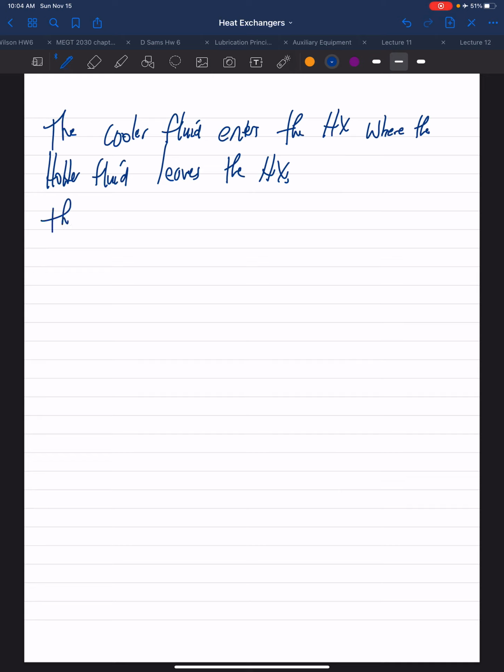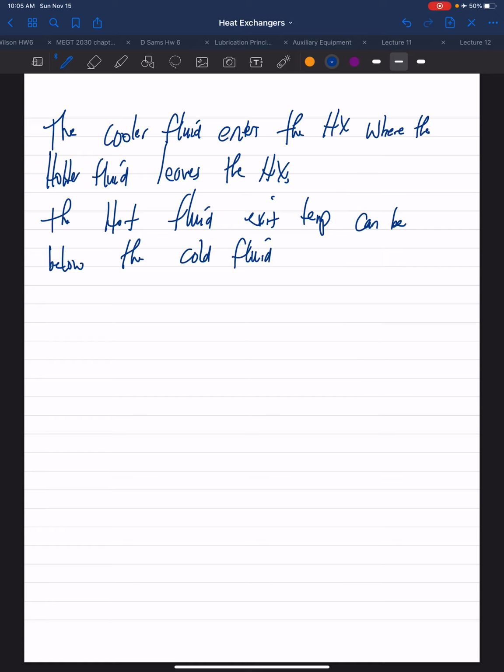Therefore, the hot fluid exit temperature can be below the cold fluid exit temperature.